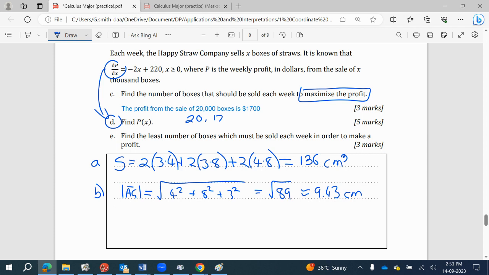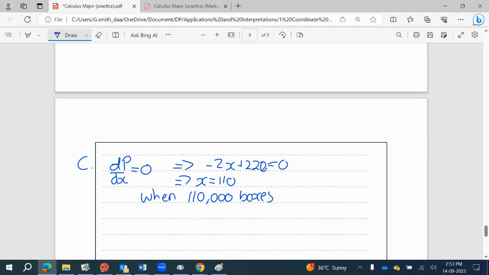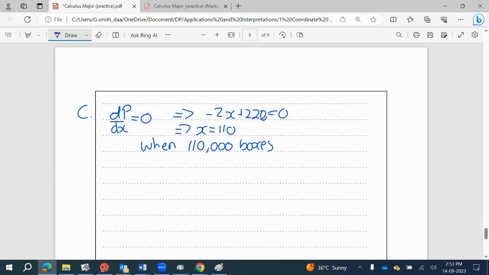In dollars? 1,700. So that statement tells us a coordinate. The x value is the number of boxes, and I think it was in thousands. So x is in thousands, and we just put in 20 for this one. So I'm on a bus, but thank you so much.